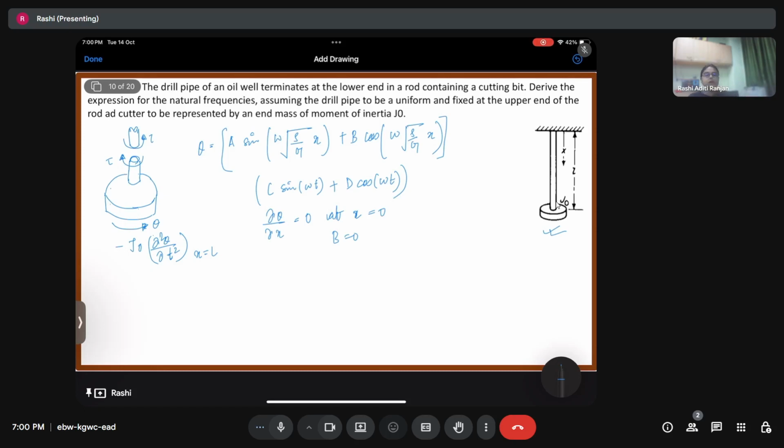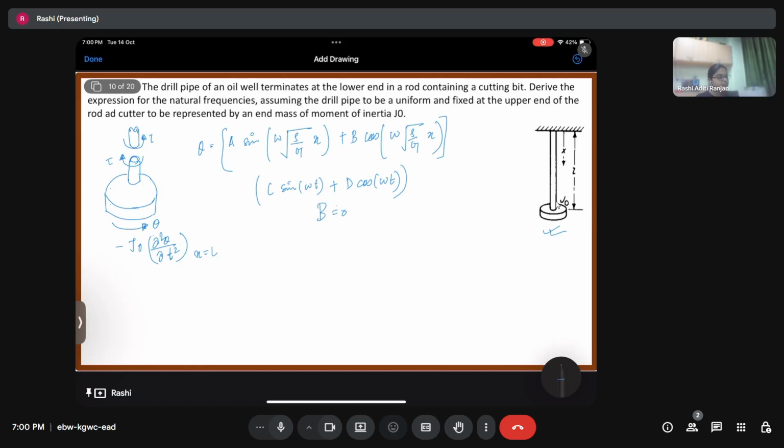Okay, this is known to us, so we will not be writing it again and again. We'll just write B is equal to 0.